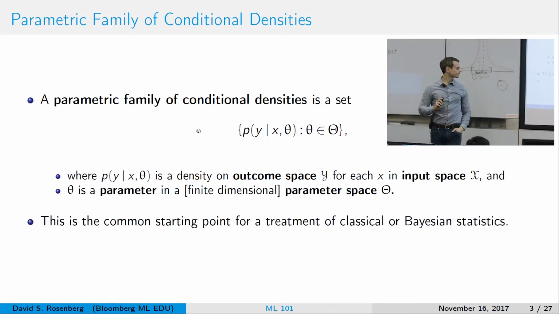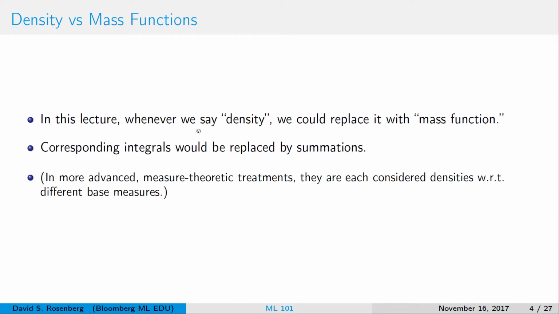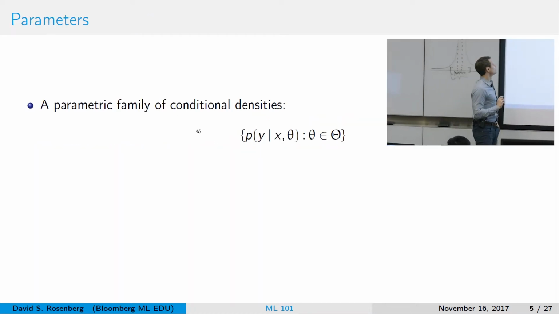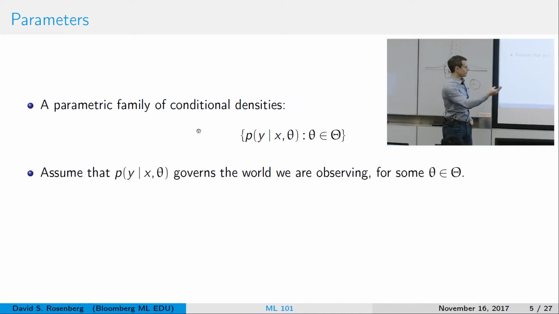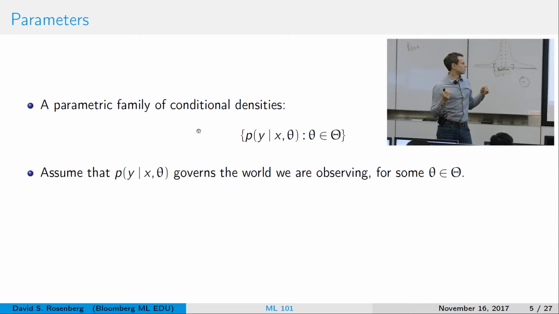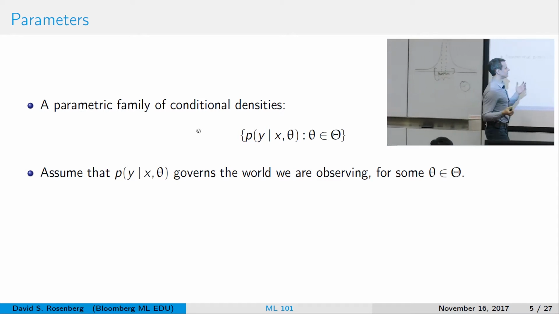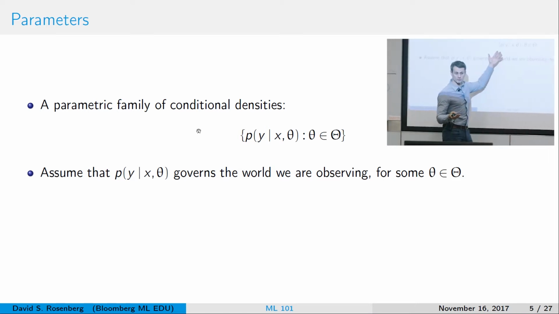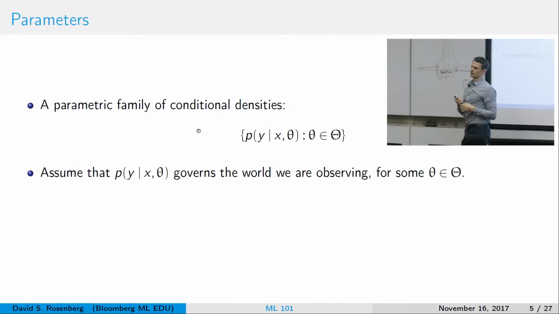Just as before, density functions can be replaced by mass functions throughout. As before, one way to think about these things is that we have a set of densities that describe the world we observe, and one of those is correct. We just don't know which one.